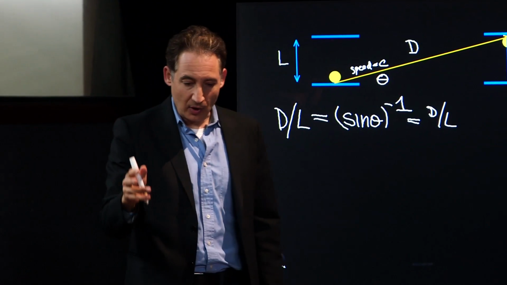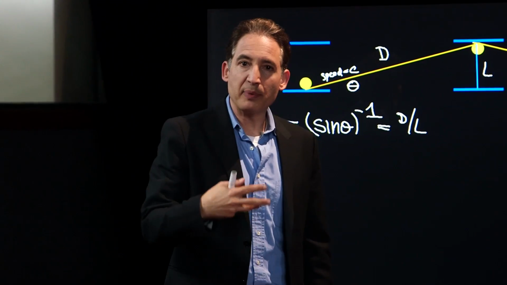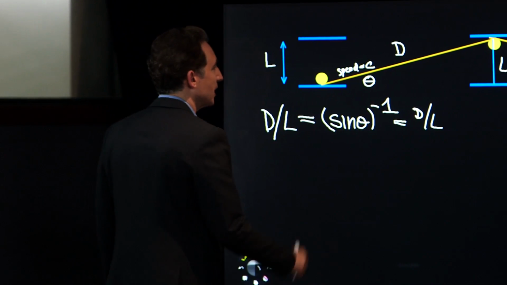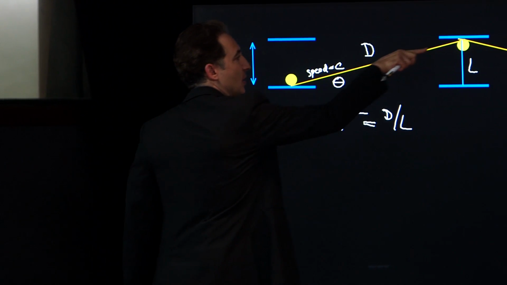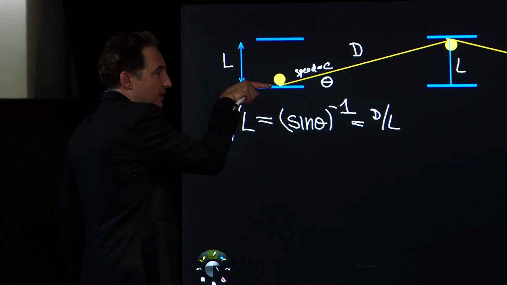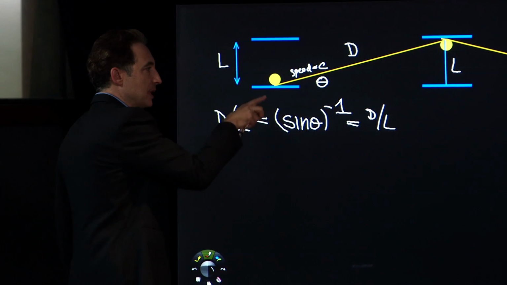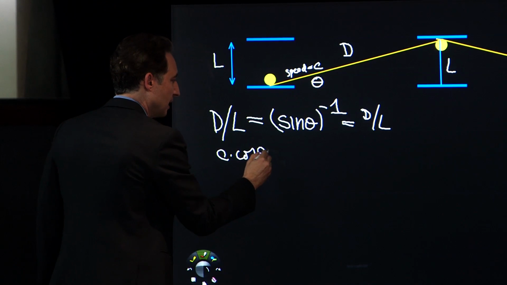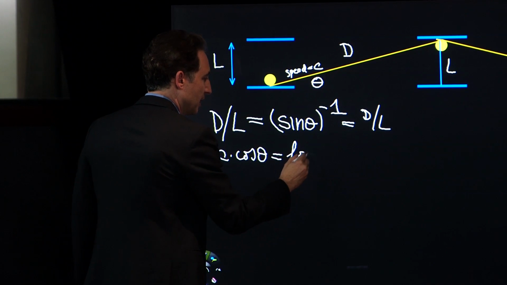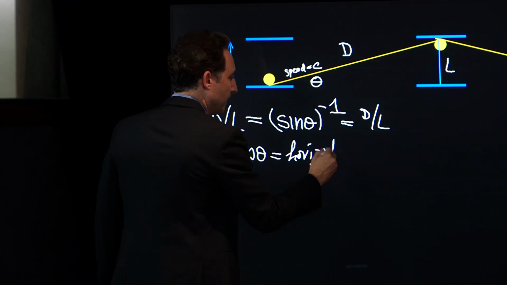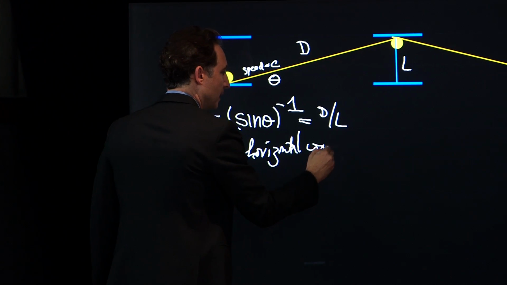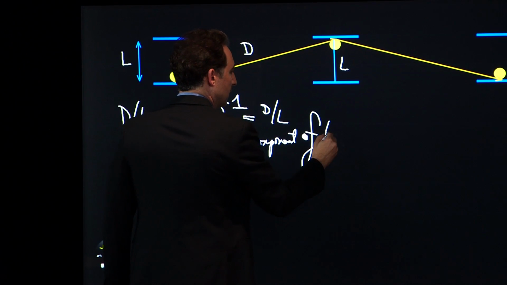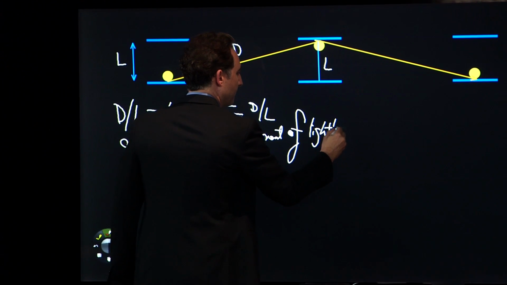Now, as you will recall from doing components of vectors in basic geometry or trigonometry, if the speed of the light is c going in that direction, then it devotes a component of its speed equal to c times cosine theta in the horizontal direction. So this is the horizontal component of the light's speed.